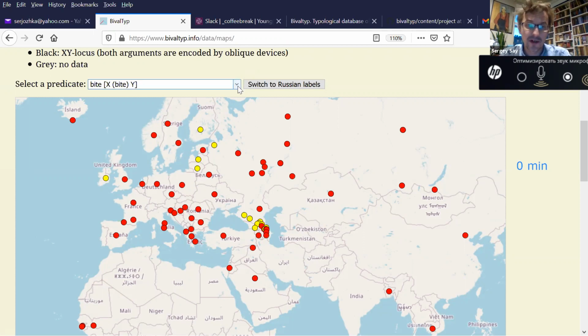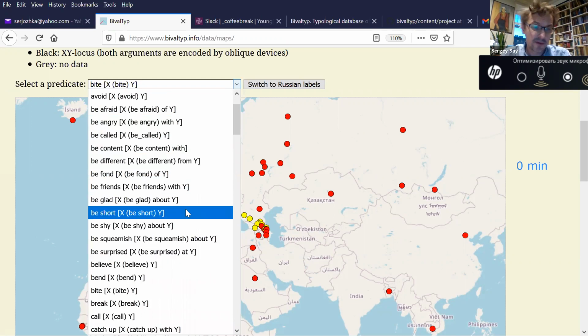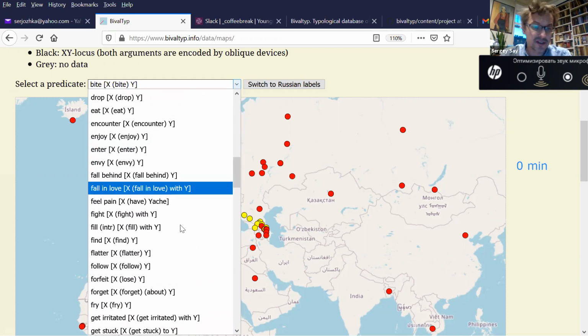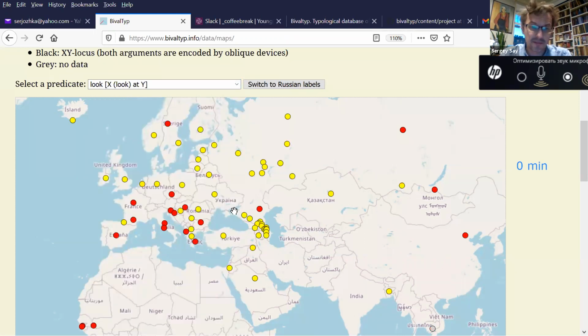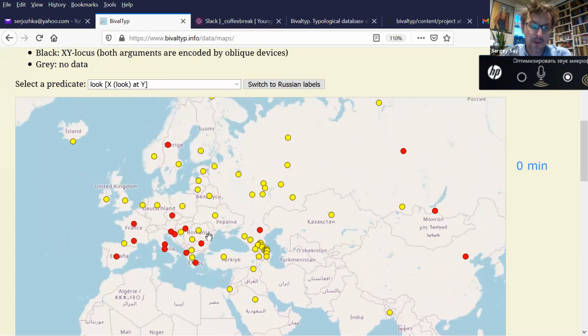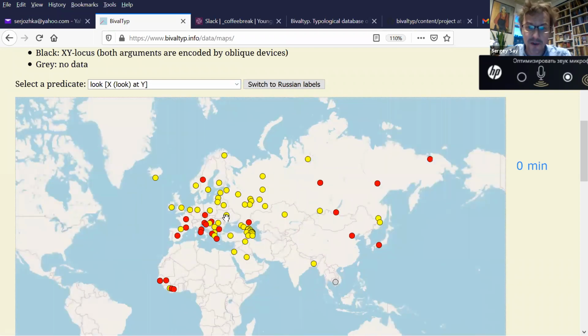So you can explore information like this on a verb by verb basis and see some areal patterns, like for example, this is look, and we see that mostly it's transitive in Southern Europe and in the Far East and so forth.